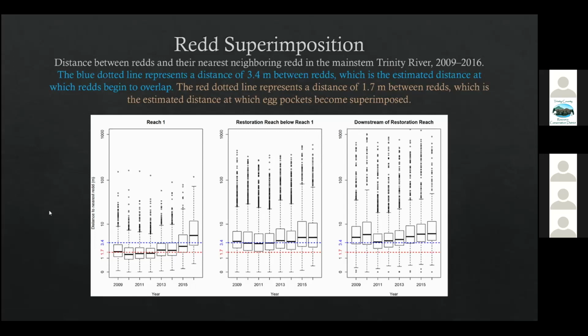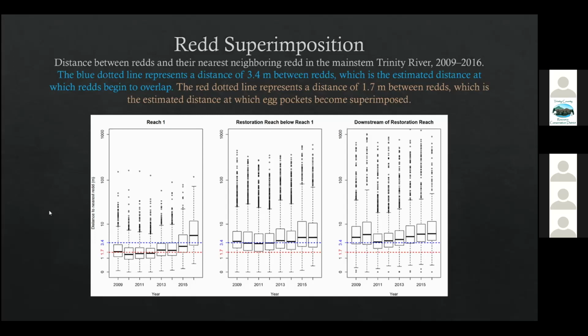These graphs show the distance to the nearest red in reach 1 and the restoration reach below reach 1 and downstream of the restoration reach, where the blue dotted line represents a distance of 3.4 meters between reds, which is the estimated distance at which reds begin to overlap.